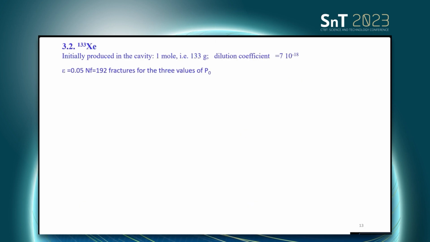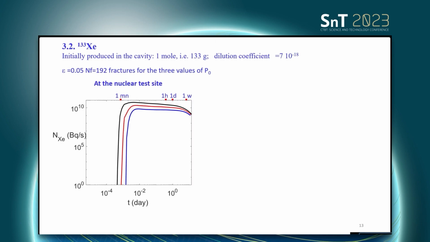Now let us go to xenon. We assume that in the cavity, 1 mole is produced, and that there is a dilution coefficient, as I said, of about 10 minus 17. So here is the activity at the nuclear test site. You see on the top scale: 1 minute, 1 hour, 1 day, 1 week.